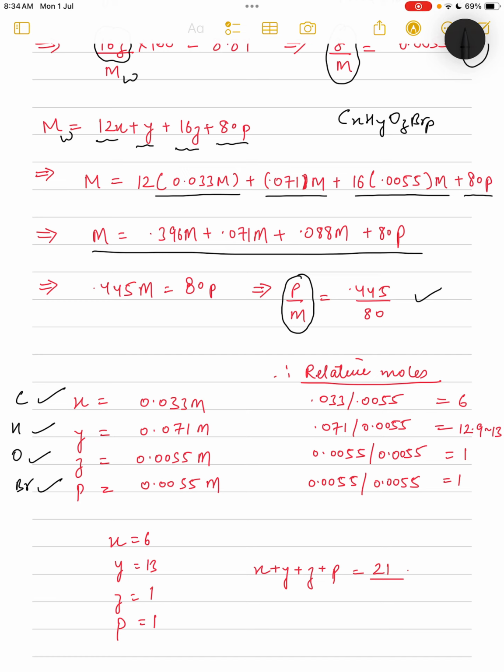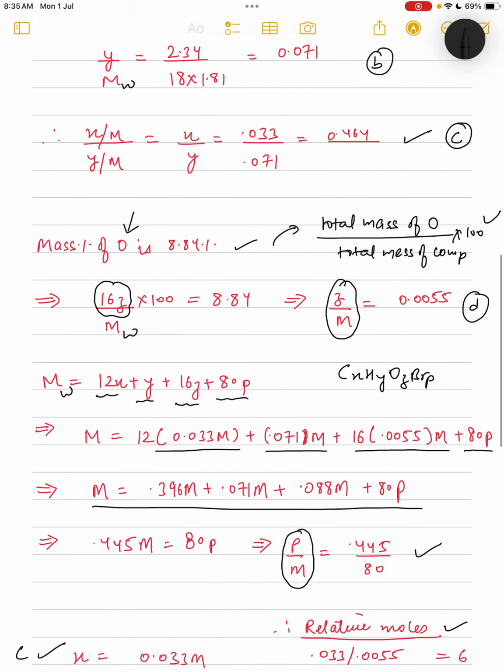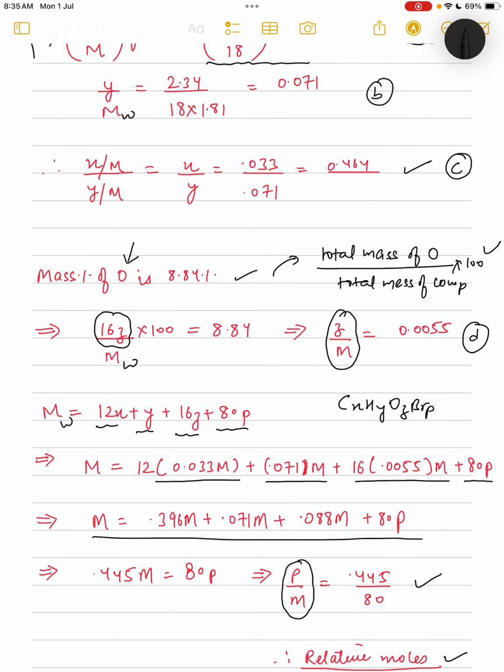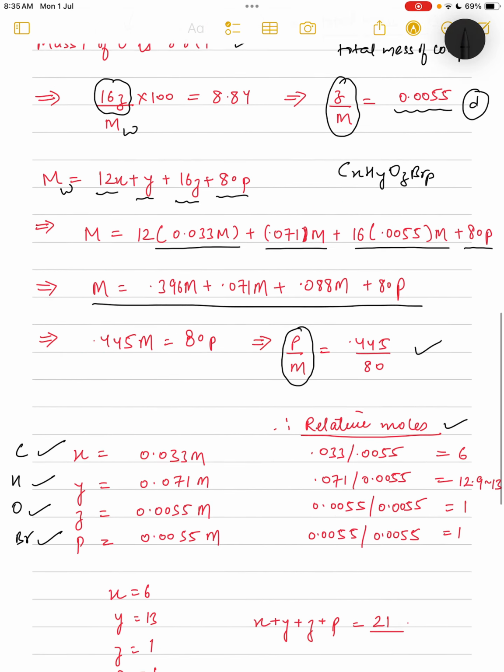Once you are given the masses here, we can easily find the relative number of moles. That is how we do, right? So relative number of moles, how do we find? Given mass upon atomic mass, right? We get values, and one of them is 0.0055.